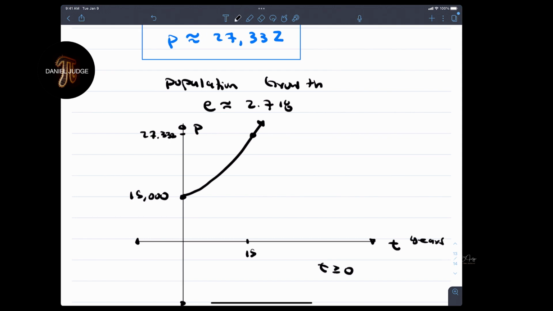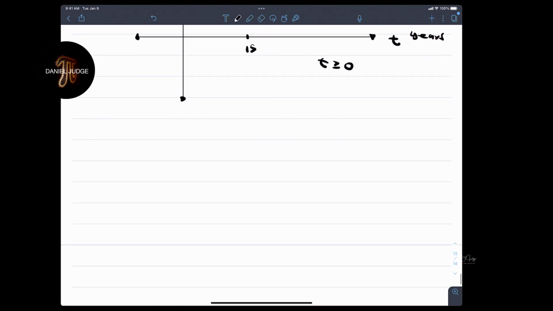So your population is going to grow on forever at that rate, 4%. You're going to get bigger, bigger, and bigger here. So I'll put this number 27,332, you can see it better. But that's the idea of the model of an exponential growth. Increase your time, the population gets bigger and bigger. Compare that to, you can have a population decline here.